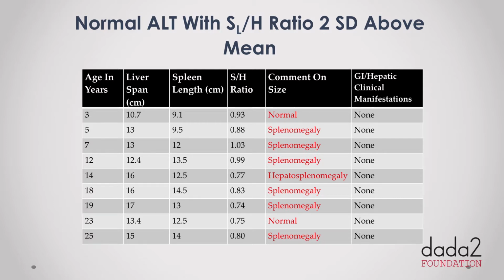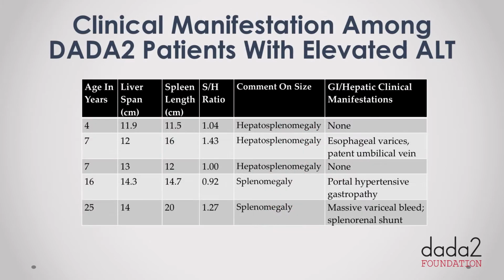So when you looked at those who had the normal ALT, and we did a full abdominal ultrasound, you can see that the vast majority of them did have splenomegaly, despite not having any GI or hepatic clinical manifestations at all.